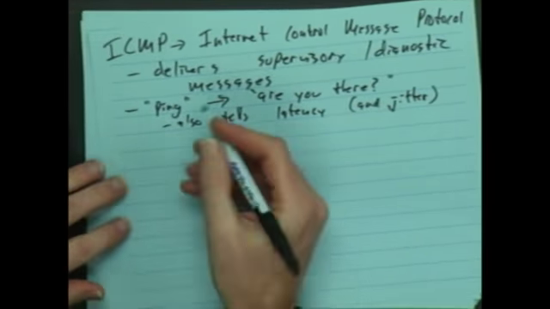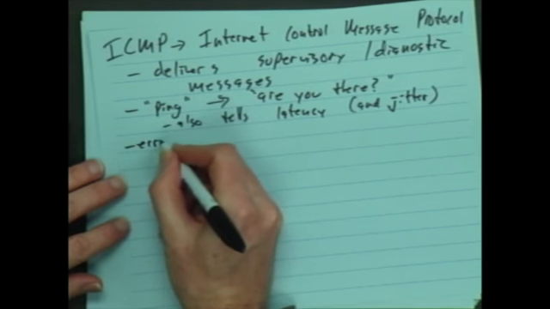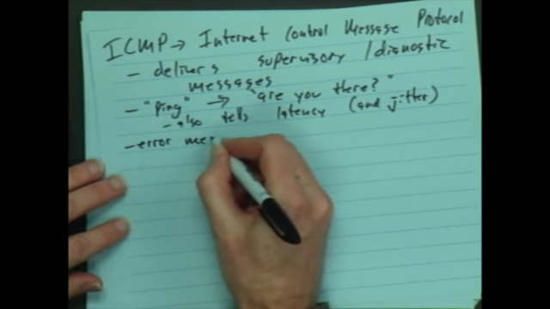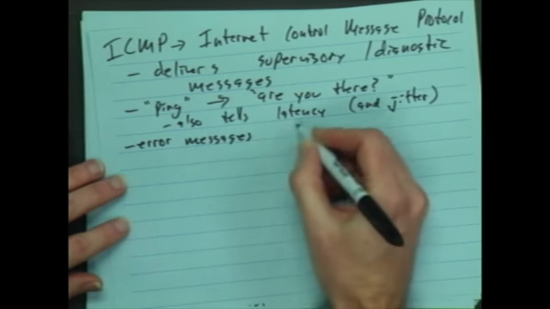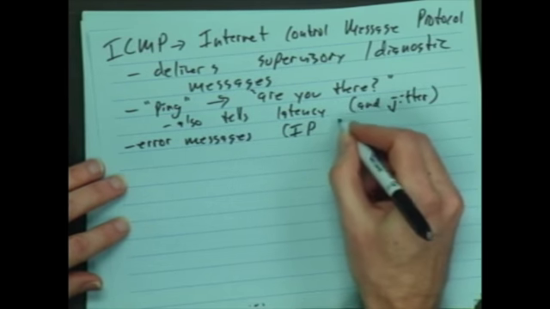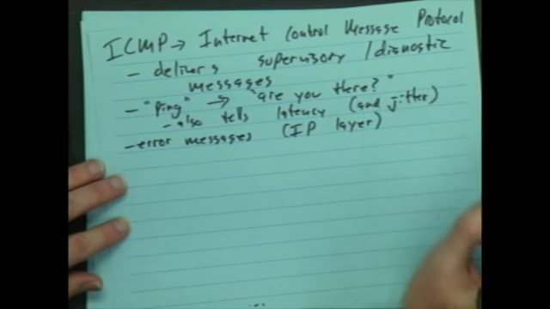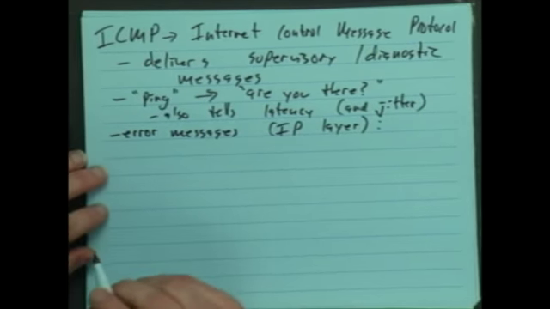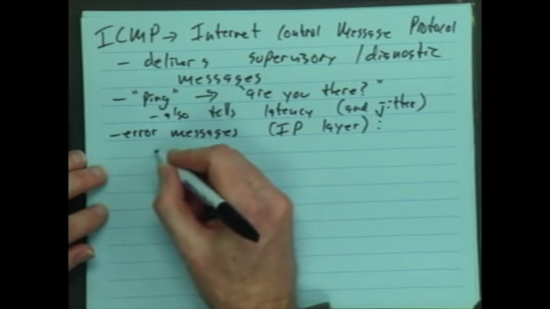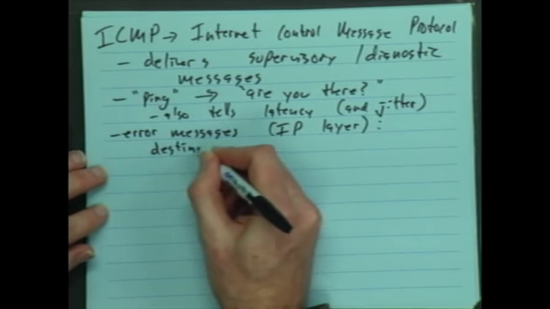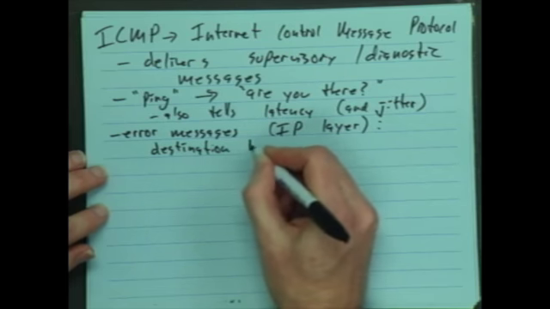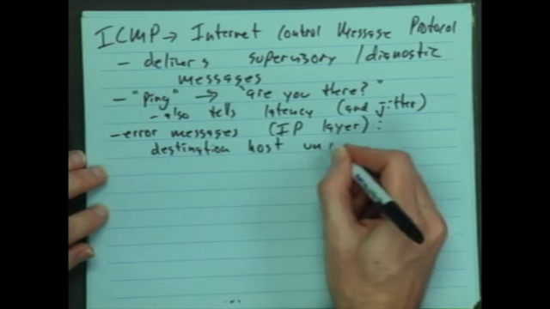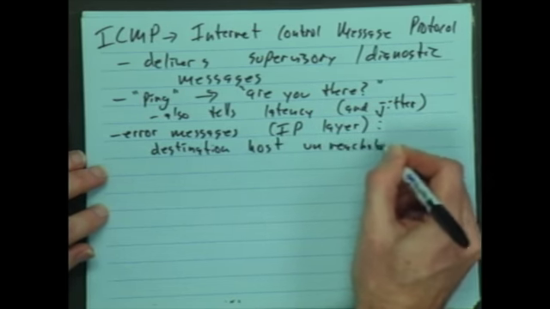The other times it will give you error messages. This is at the IP layer. So at layer 3, if there's ever an error, this is where those come in. Okay? One of the ones you'll get is a destination host unreachable.